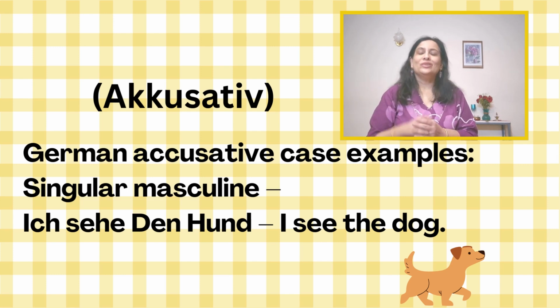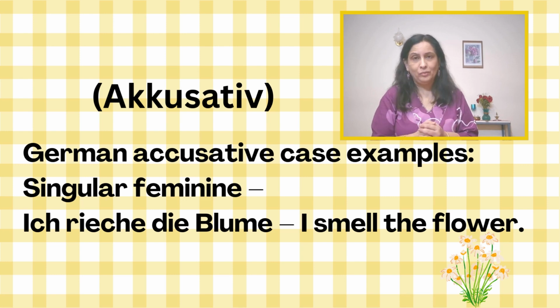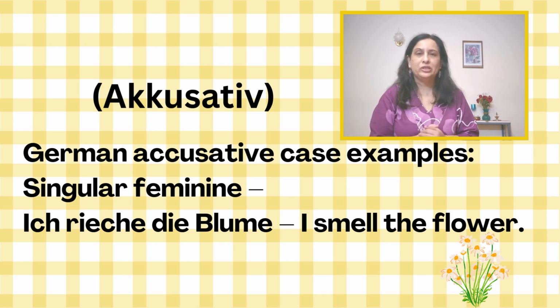So this is an accusative case because der changes to den. Now we'll see one example of the singular feminine form, suppose Ich rieche die Blume, meaning I smell the flower. In this case, Blume is flower, and die remains the same for feminine, correct? There won't be any change.